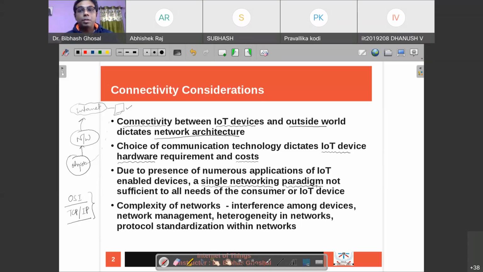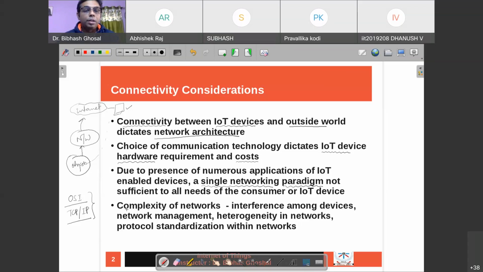The moment you start bringing in many different kind of networking techniques, automatically you have a more challenging problem because it not only increases the requirement of hardware, it also raises the question of how to integrate all that. So that's a big challenge. Okay, so all this has to be taken care of when you think about the networking part.